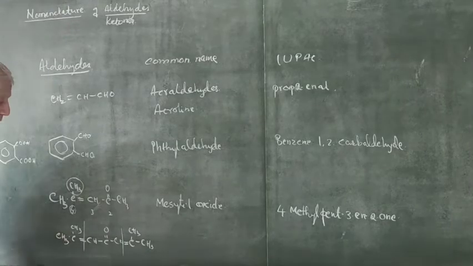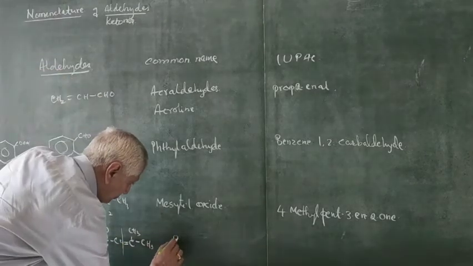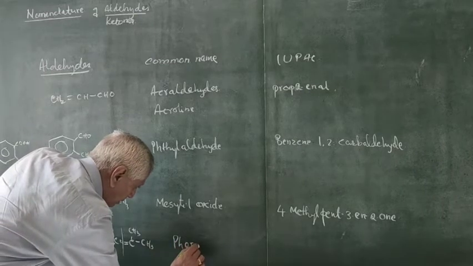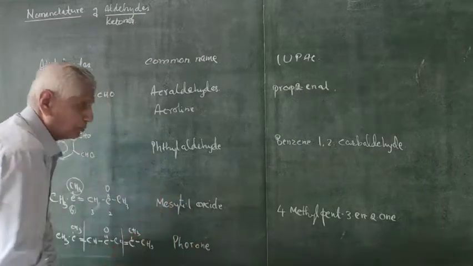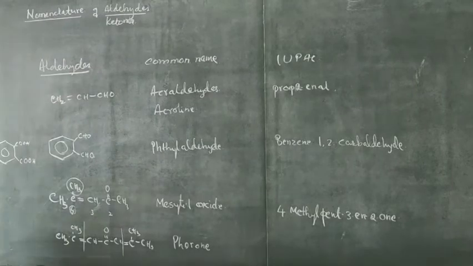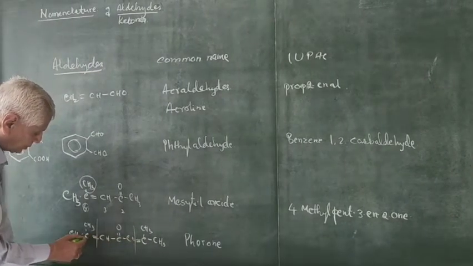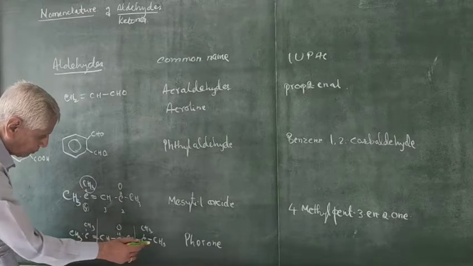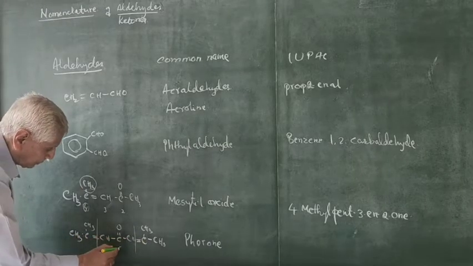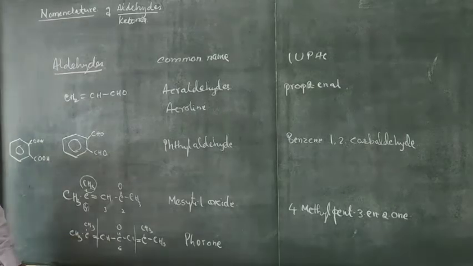And here, this is called phorone. The common name of this compound is phorone. In the IUPAC system, 1, 2, 3, 4, 5, 6, 7. The fourth carbon is carrying the carbonyl group.